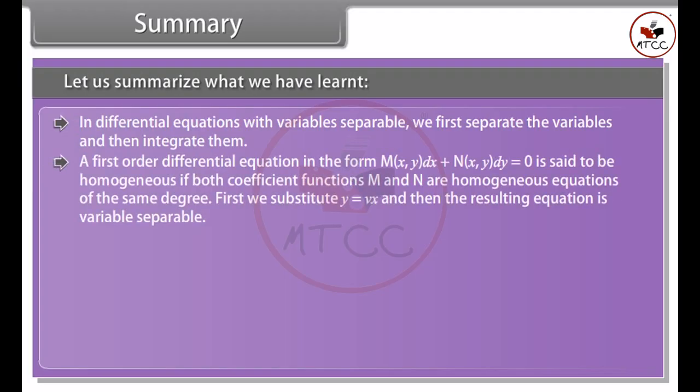A first-order differential equation in the form M(x, y) dx plus N(x, y) dy is equal to 0 is said to be homogeneous if both coefficient functions M and N are homogeneous equations of the same degree. First, we substitute y equals vx, and then the resulting equation is variable separable.